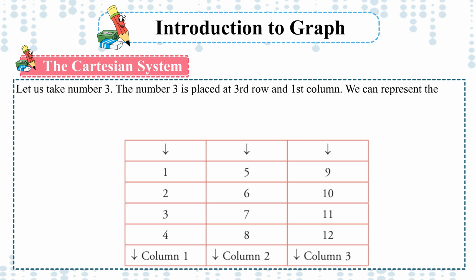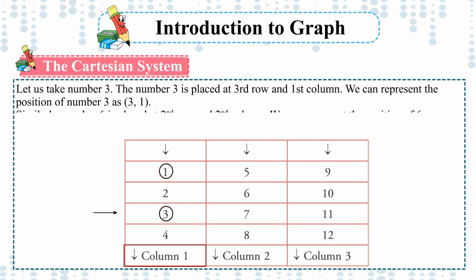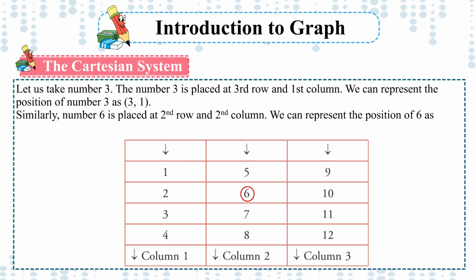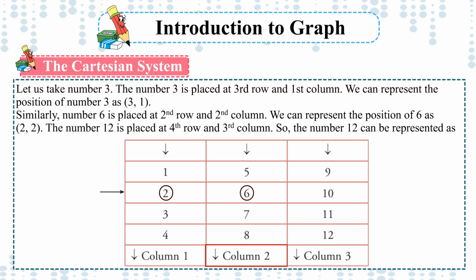Let us take number 3. The number 3 is placed at third row and first column. We can represent the position of number 3 as (3, 1). Similarly, number 6 is placed at second row and second column. We can represent the position of 6 as (2, 2).